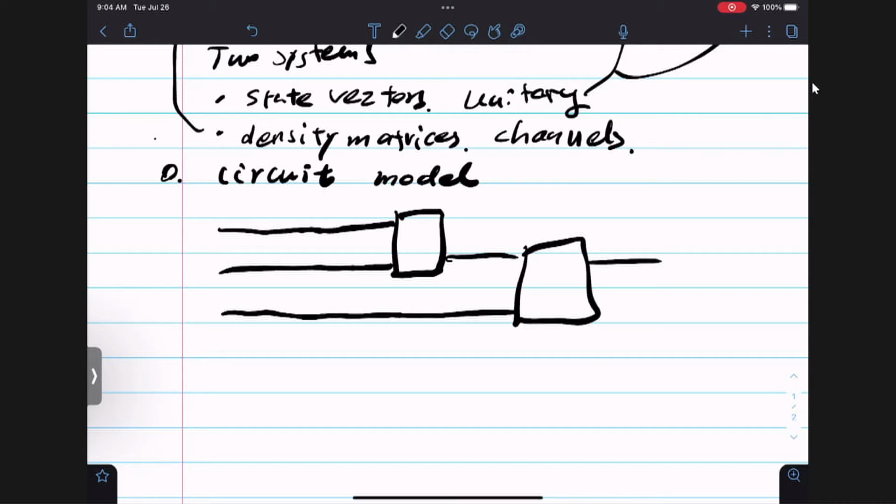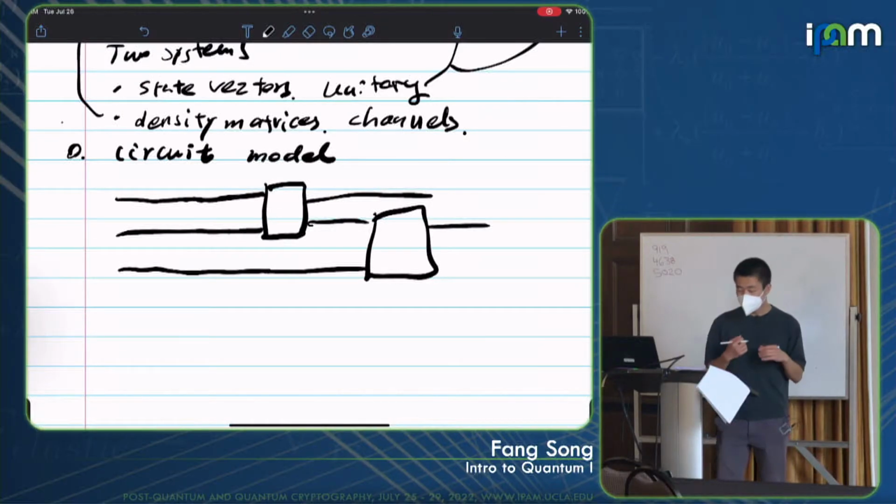So the time goes from left to right. As the time progresses, we apply some gates, and in the end, we read out some output, and hopefully it can compute something meaningful. And then quantum mechanics tells us there's a new type of computation that's possible, which will be identified with the quantum circuit model, and this is going to be governed by the laws of quantum physics.